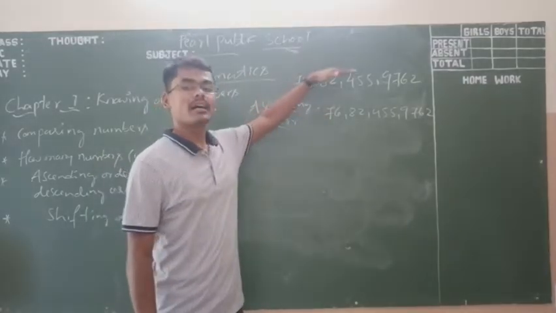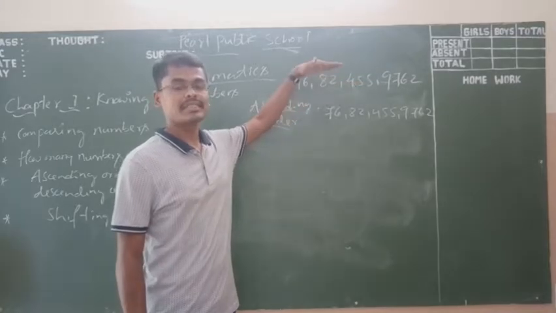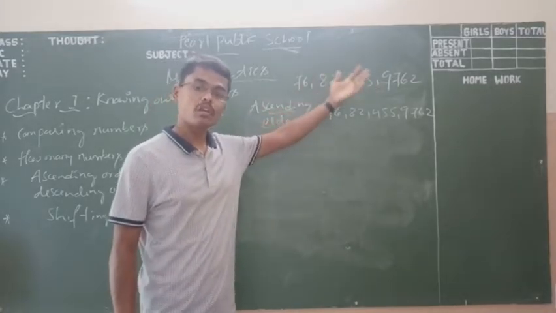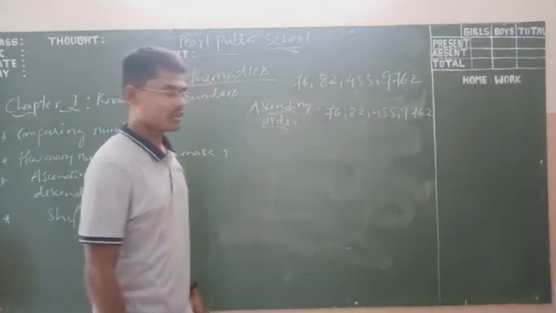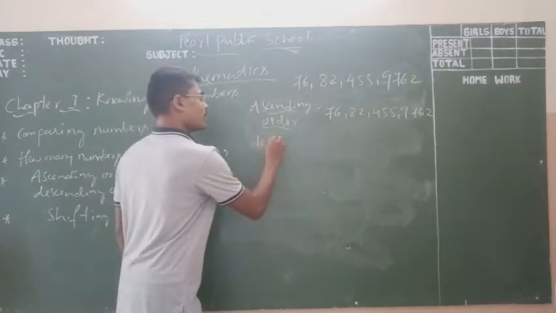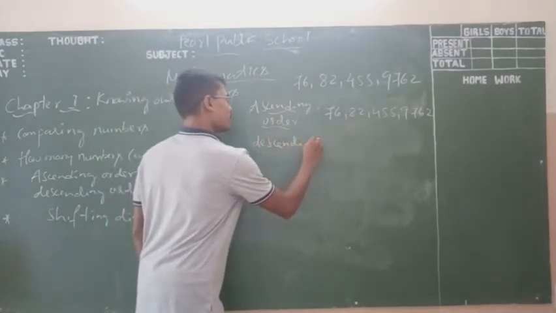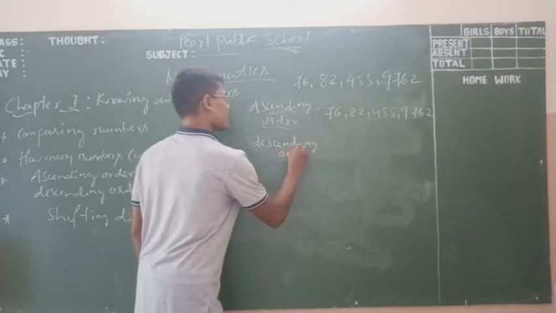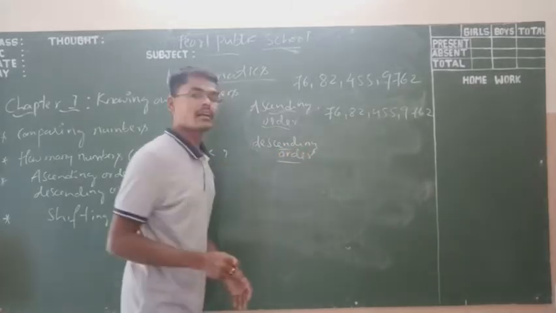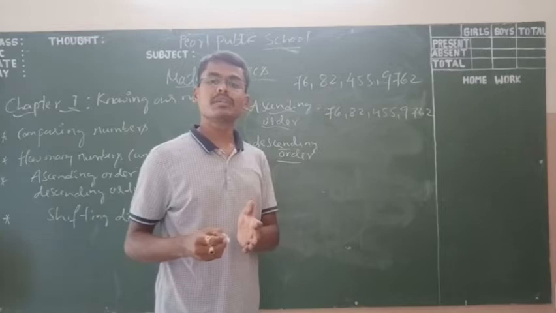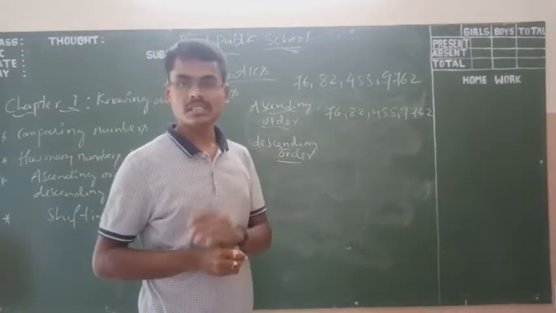And for the given set of numbers, we can also write the descending order. Descending order is nothing but arrangement of numbers from greatest to the smallest number.